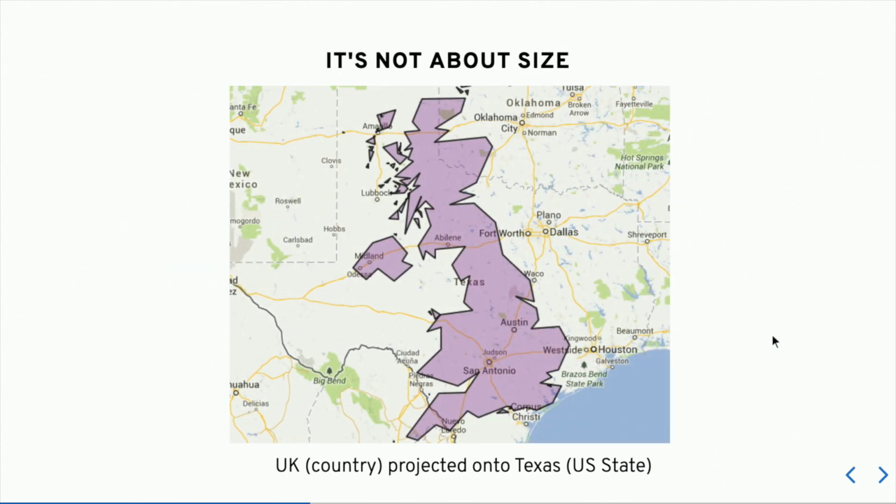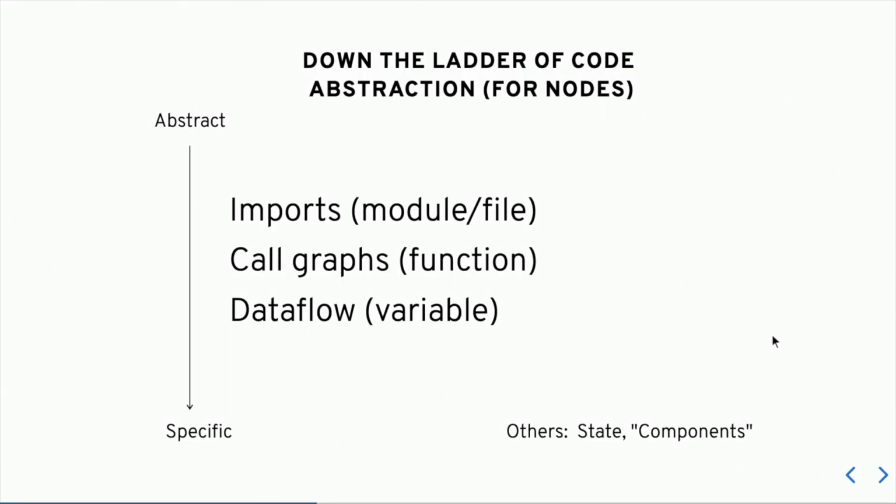And it's not helpful to worry too much about the size of these things when creating the ladder, because even though states are smaller than countries, the United Kingdom fits into Texas. So similarly, when we're looking at our nodes in code, I wouldn't worry too much about whether a class fits into one file or it's split into 4 pieces that got imported into a root component. It's really the conceptual boundary that matters.